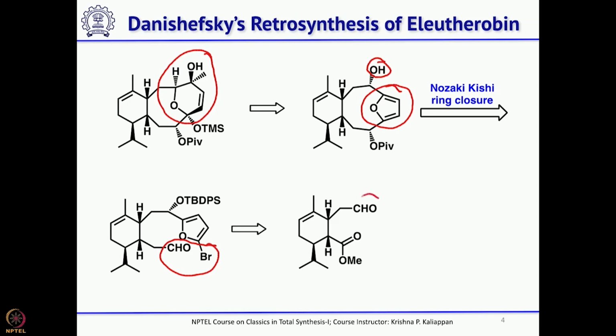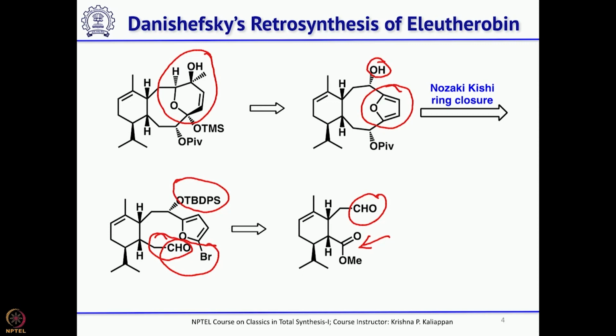If you have this aldehyde, you can use the lithiobromofuran addition to this aldehyde to generate this chiral center with OH, and for the southern hemisphere you need CH2CHO that can be obtained from this ester by reduction and homologation.